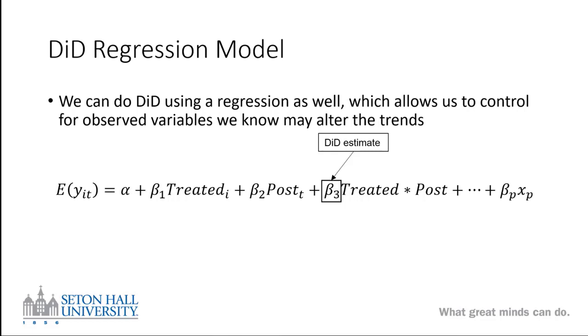And then we have what we call an interaction term, which is where we multiply together treatment and the time variable. And beta 3 is going to be exactly the same as if we just subtracted. But then if we control for the other covariates, it's going to change beta 3 because it's going to be beta 3 after controlling for these other variables.